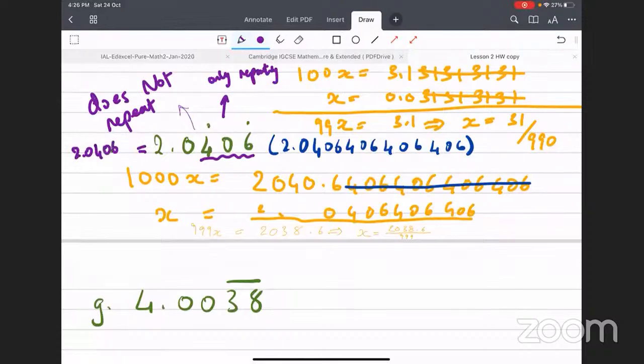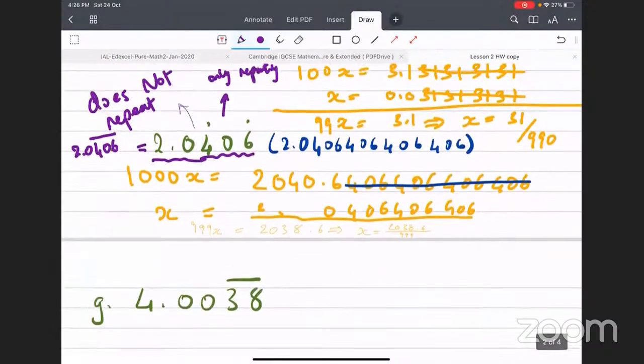I wrote it like this to let you know that if we have a dot above a number, then a dot above a different number, then anything between them would repeat. Did you get it, RGB? Very good that you asked this question.